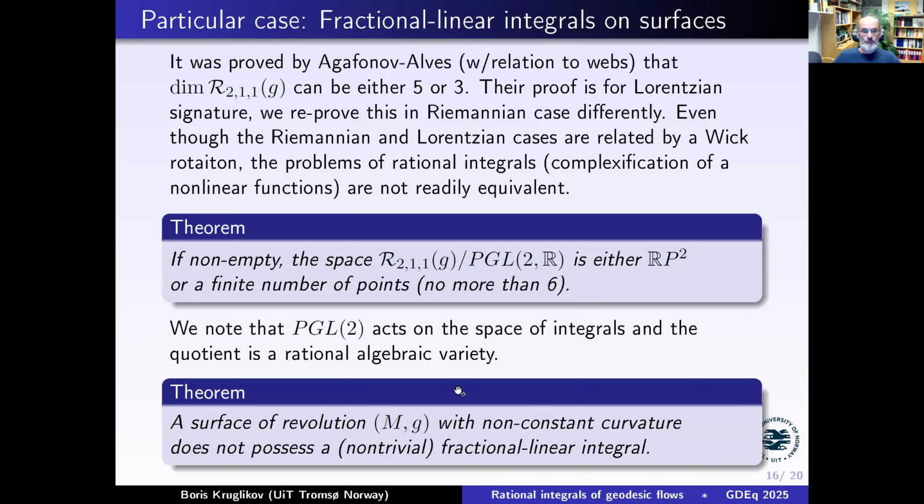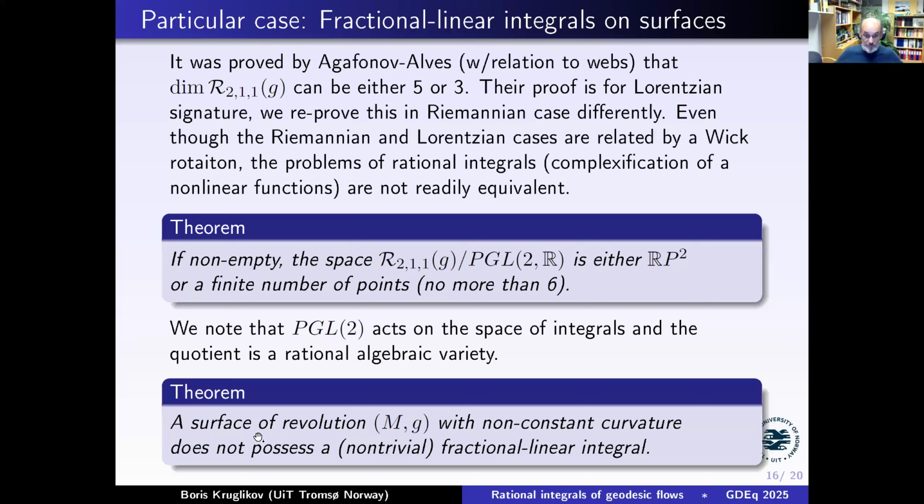Okay, so a bit additional to this. If we still talk about fractional linear integrals on a surface, of course one can say, let's look at a surface of revolution, because a surface of revolution by definition has an additional linear integral. And if we also have fractional linear integrals, then we would have superintegrability, but this never happens.